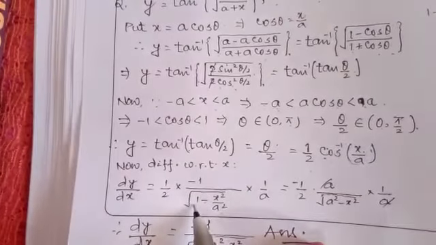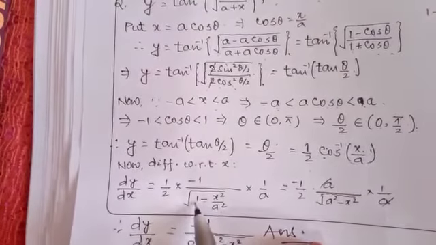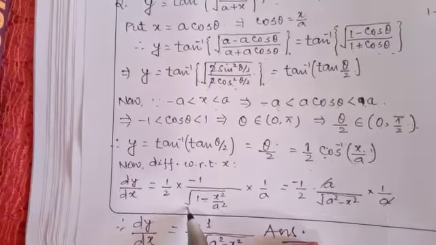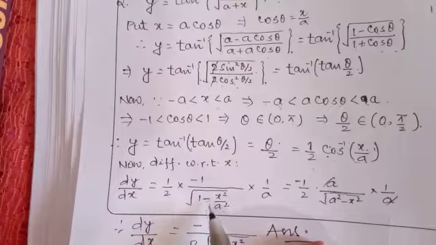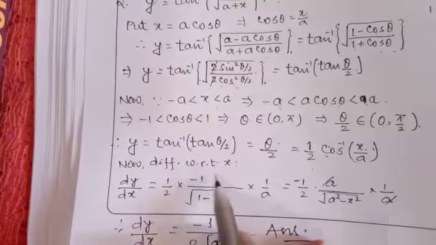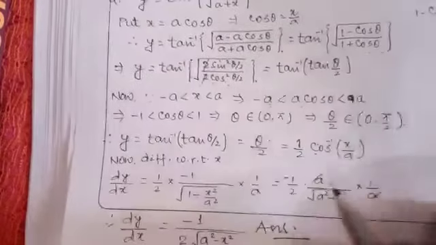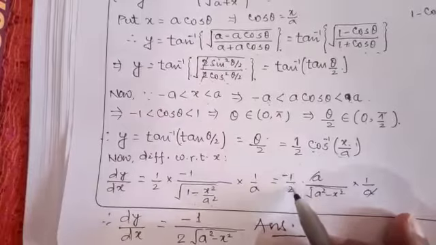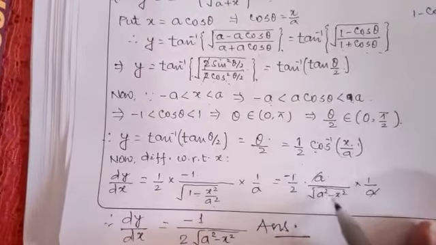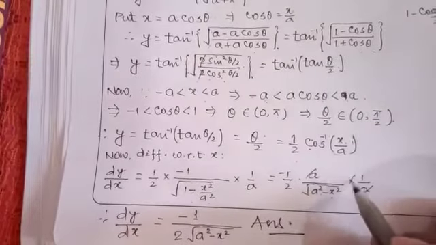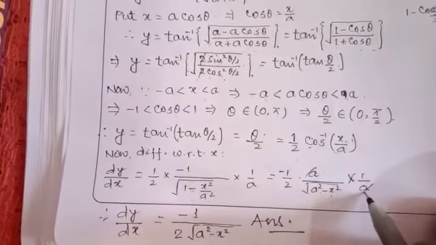Now take the LCM of the denominator, which is a square. Outside the square root, this LCM becomes a, and as it is the denominator of a denominator, it shifts to the numerator. So see here what is written: minus 1 by 2 into a under root a square minus x square into 1 by a.